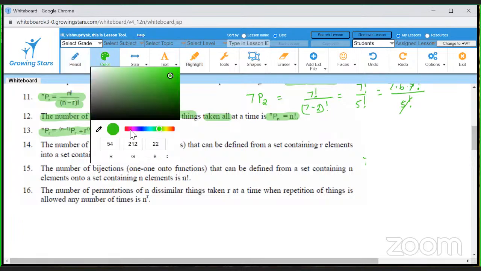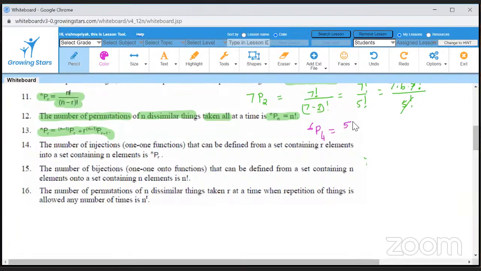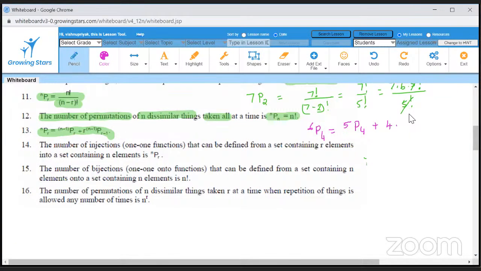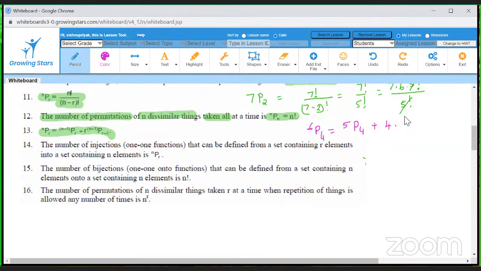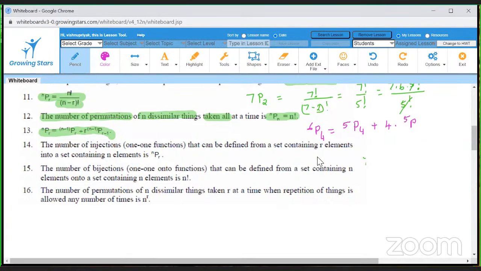You can take one example to understand. Suppose you have 6P4, you can write 5P4 plus 4 into 5P3. Like this also you can write using this formula.